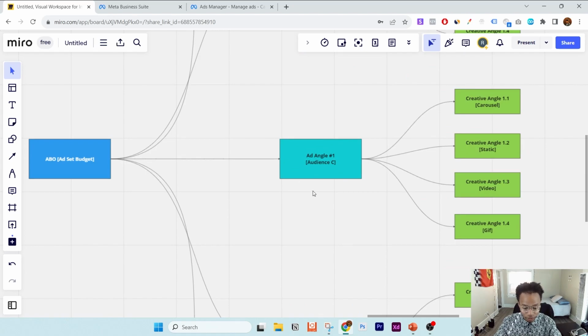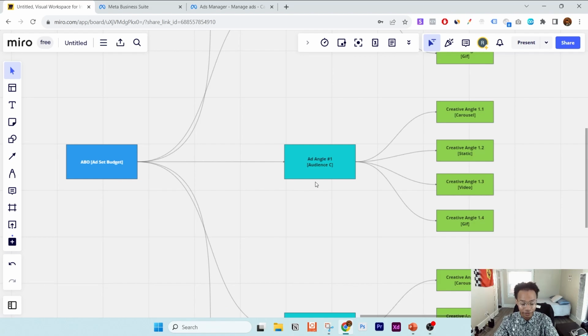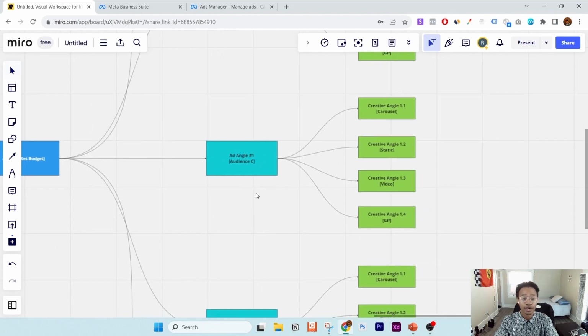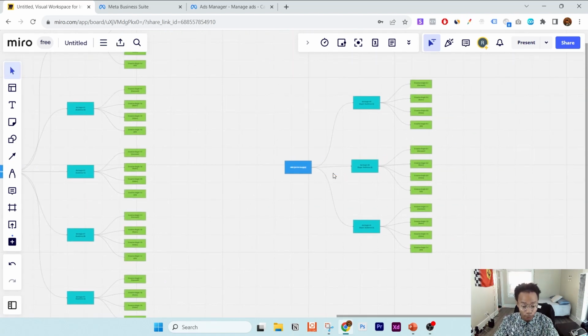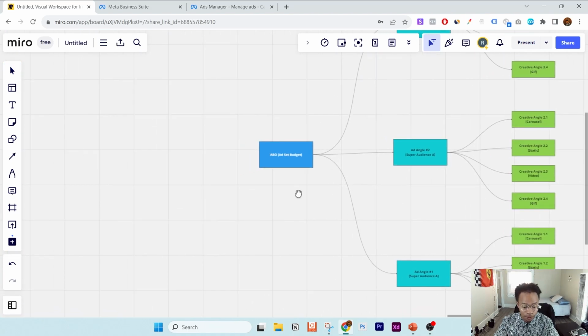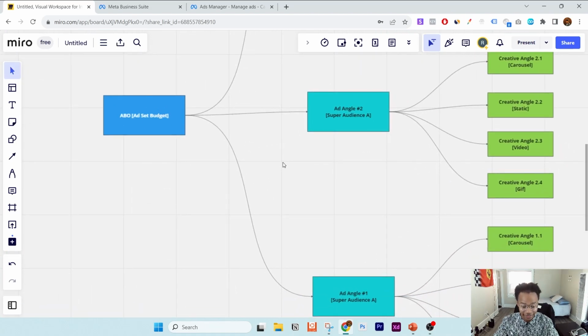Now, say for example, we've figured out exactly what kind of audience is performing best. We have maybe 2 to 3 different audiences that we know are performing best. Now we can evolve this strategy into an aggregated audience strategy, or super audience.